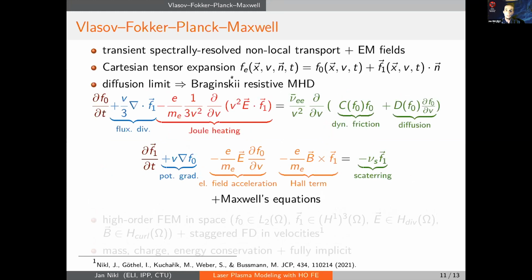But to simplify things, we expand that distribution function to the isotropic part, and first single directional anisotropic correction. And this gives us the system of these two equations plus Maxwell's equations for the fields. Still, this converges in the diffusion limit to the full Braginskii resistive MHD, so we haven't lost that much. And we have that non-local transport on top of it.